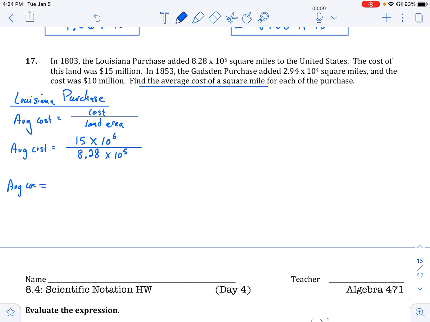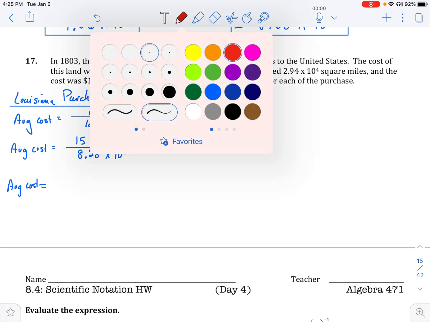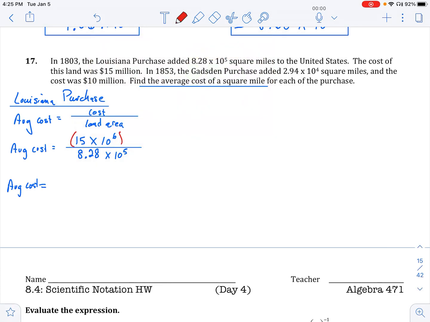I can grab my calculator. As I do 15 times 10 to the 6, I do want to make sure that I keep this in parentheses. And likewise, when I do the denominator, I would also like to make sure I put this in parentheses. The reason for that is because you're dividing one scientific notation number by another scientific notation number, not just a portion of it.